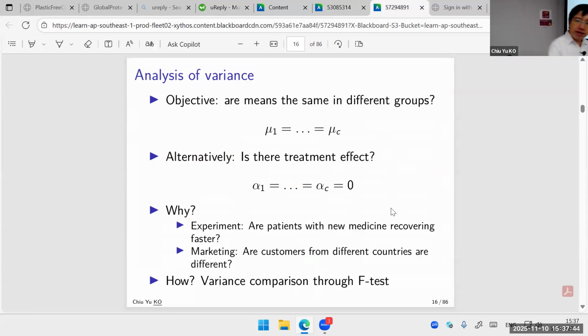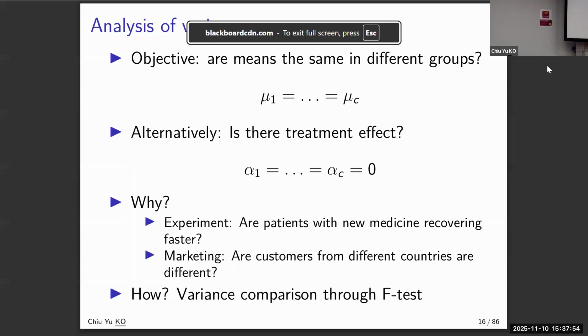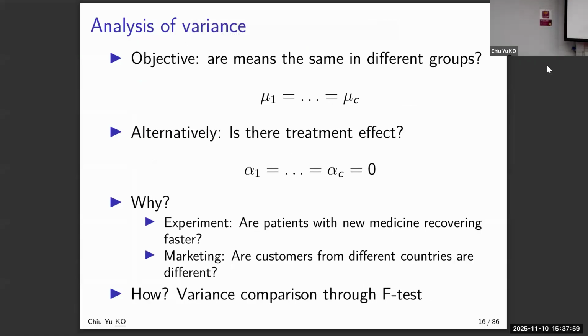So remember what we want to see is whether different group means are the same or not. That is the idea. Just remember the starting point is a farming thing. Let's see whether different combinations of farming techniques lead to different results, right? This is a very standard thing you want to see. Or if you're an auditor, it's the same thing.